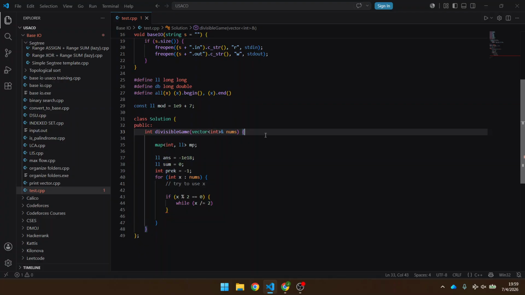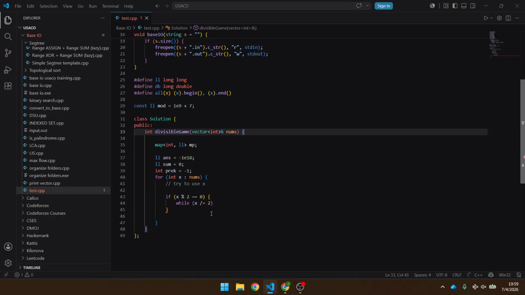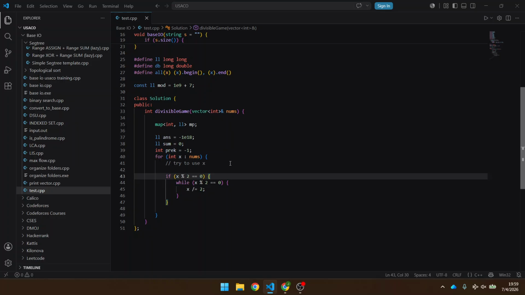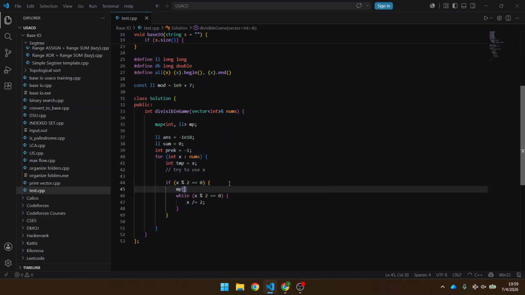Can use a C. Okay, this should work also. map[2] plus equal to tmp.